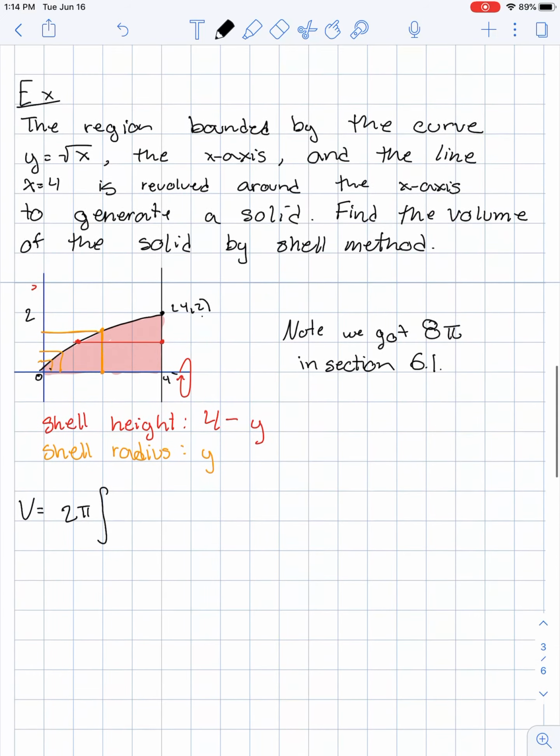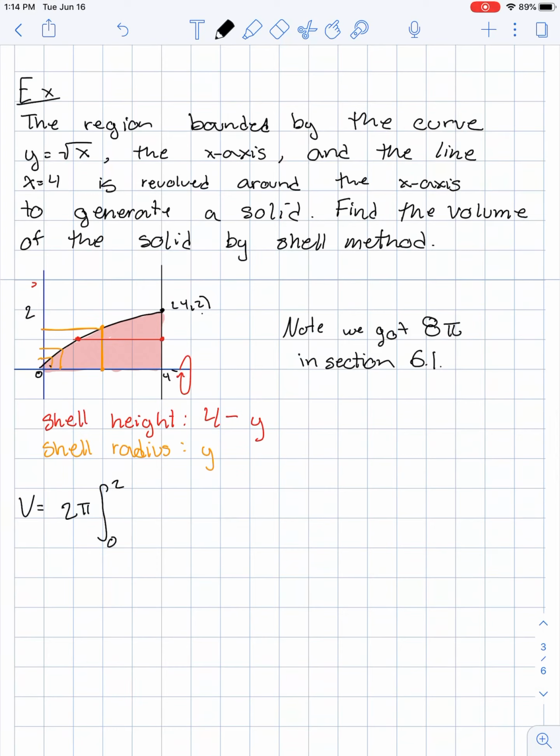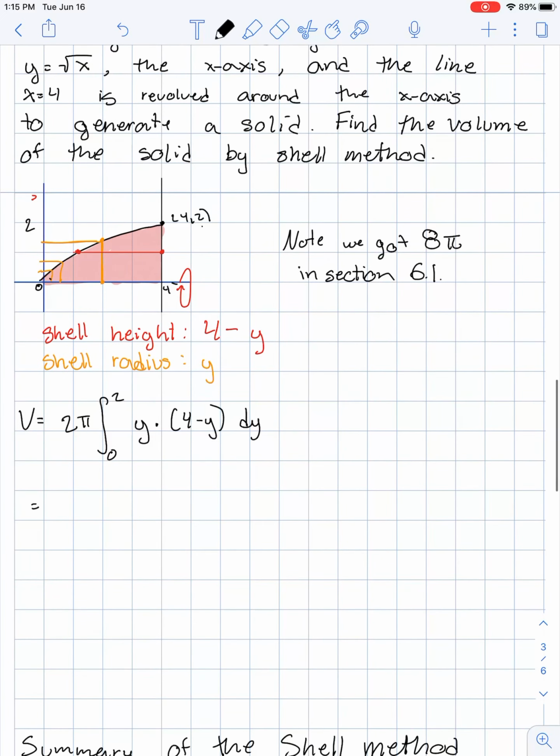So we're using the y value, going from 0 to 2. What is my shell radius? It is y times 4 minus y, my height, dy.